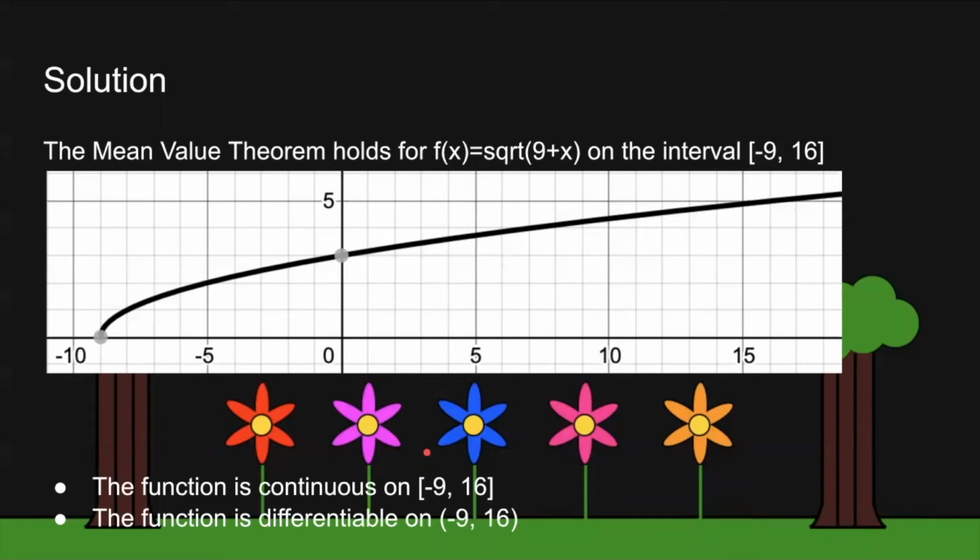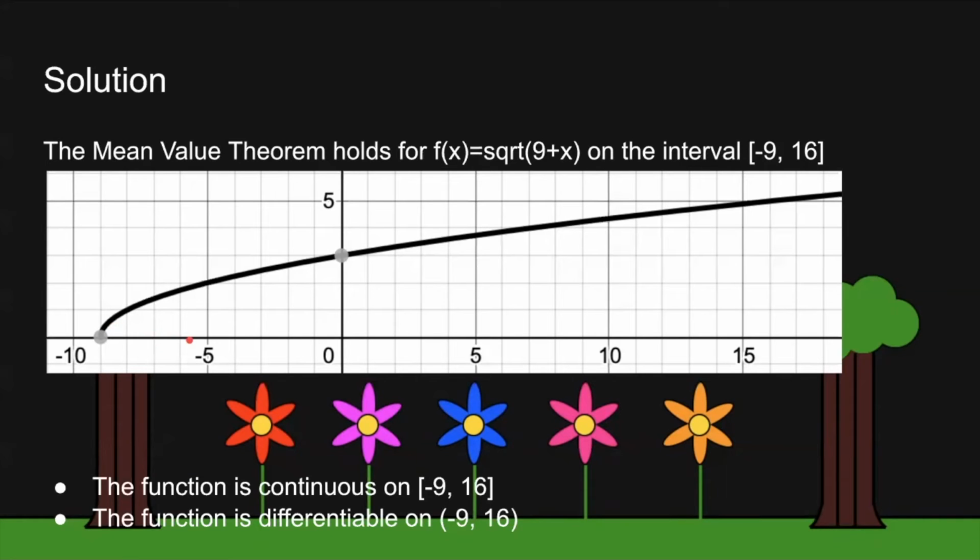This part's a little tricky because you could argue that it's not continuous at x equals -9 because to the left of x equals -9, the function doesn't exist, and to the right, it does exist. So this is close to a jump in the value, but that's not true because we only need to consider values where the function does exist. So we only need to consider values where x is greater than or equal to -9.